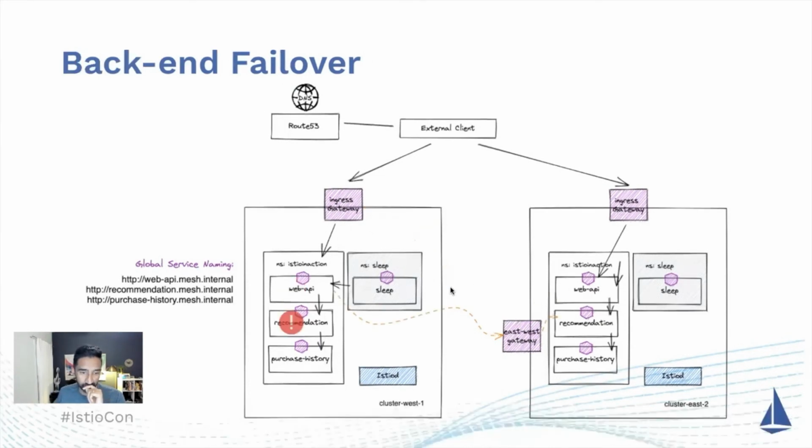Same thing if it's east-west, meaning from one service to another. If web API wants to talk to recommendation, it'll instead talk to recommendation.mesh.internal, and then that will route to either the local as well as remote. And you can set up locality load balancing so that traffic stays local unless local is down, and then it'll go to remote.